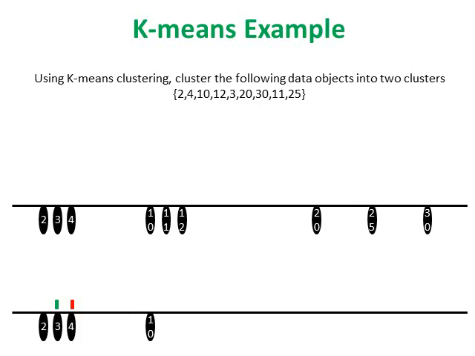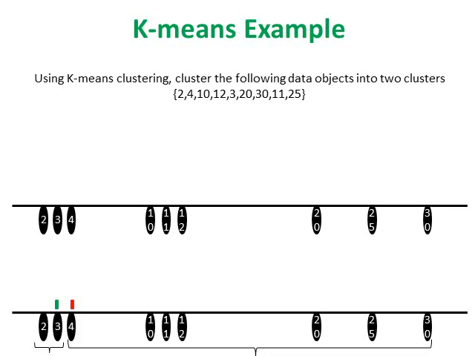Like the way we assign remaining all data objects to the relative center. Here 2 and 3 form one cluster with centroid 3 and remaining all data objects form another cluster with centroid 4.